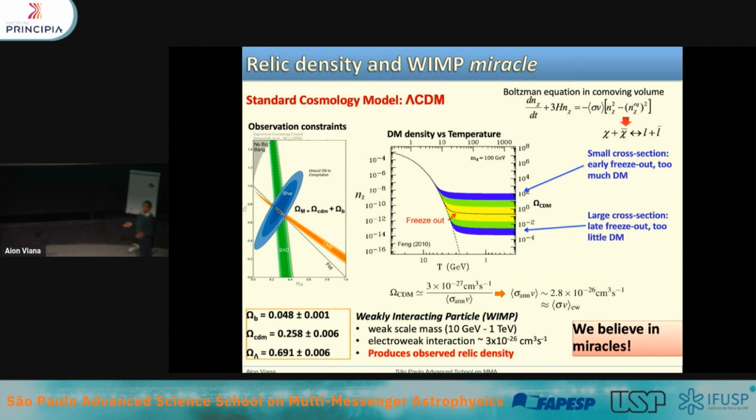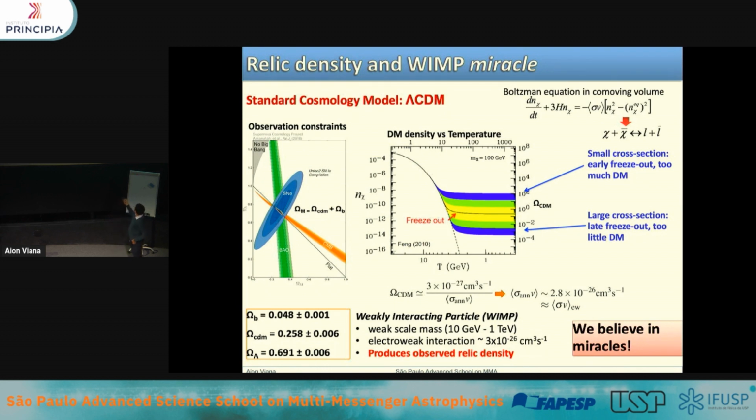And that's what we call the WIMP miracle, because it's a very simple assumption that we have a new particle that doesn't interact with light, and interacts with the standard model only through the weak force. If it has the right mass and the right interaction on the weak scale, we actually get the relic density. So that's impressive. That's why we call this the WIMP miracle.